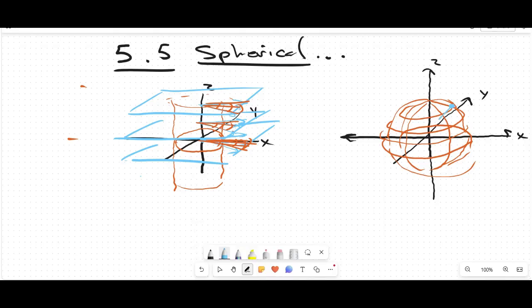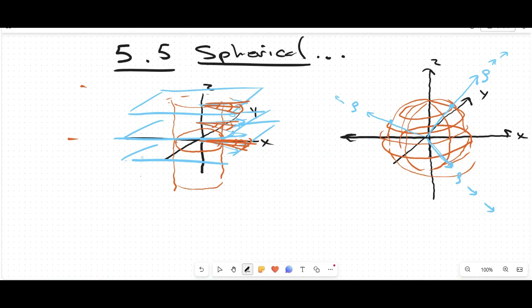We call it rho. And it's just the distance to the origin in 3D. So this is a direction where we're advancing rho in this direction. Or you could be over here maybe. And we advance rho, this Greek letter rho, in this direction. Or you could be down here, and you advance rho in this direction.